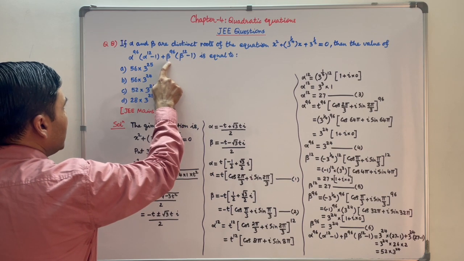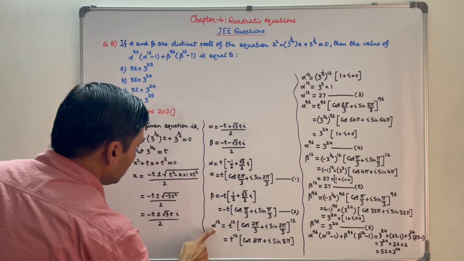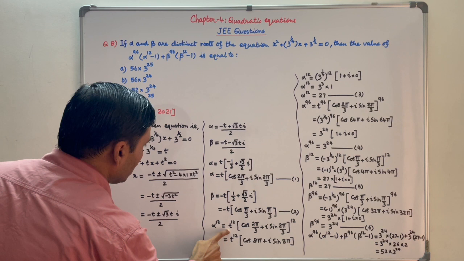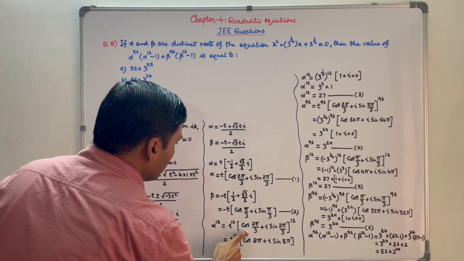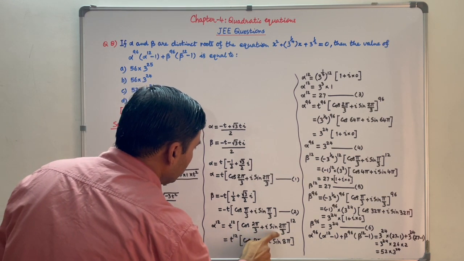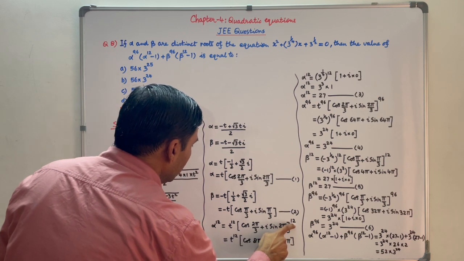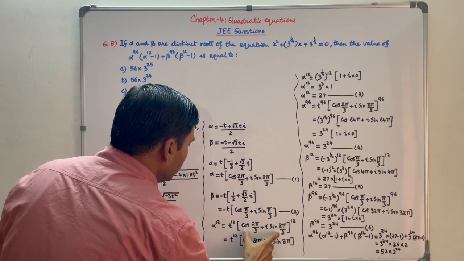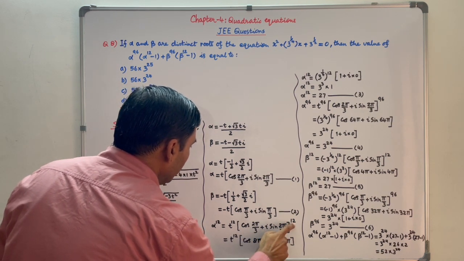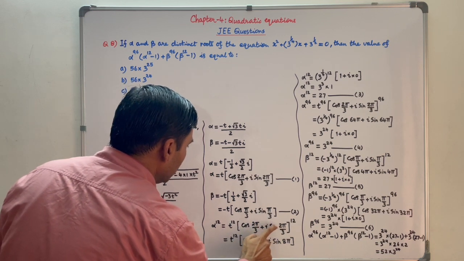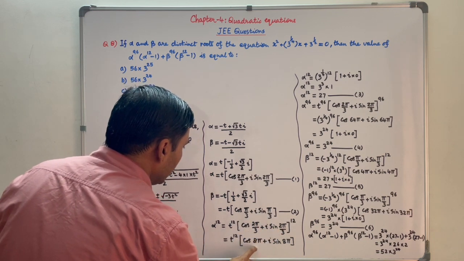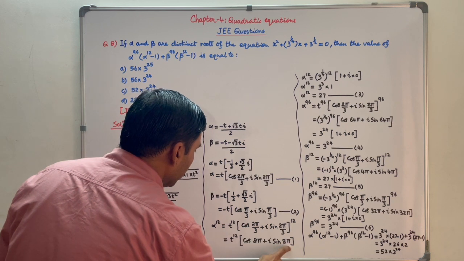and beta to power 96. Alpha to power 12 is equal to t to power 12 into cos 2 pi by 3 plus i sin 2 pi by 3 to power 12. We can apply the De Moivre's theorem in this part. So power will be multiplied with the angles. So this part will be cos 8 pi plus i sin 8 pi.